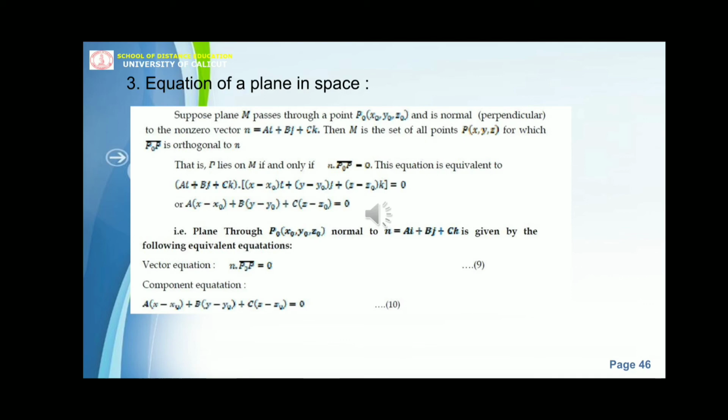That is, n dot P0P = 0. Now substituting for vector n and vector P0P and simplifying, we get a(x - x0) + b(y - y0) + c(z - z0) = 0, which is the required equation.